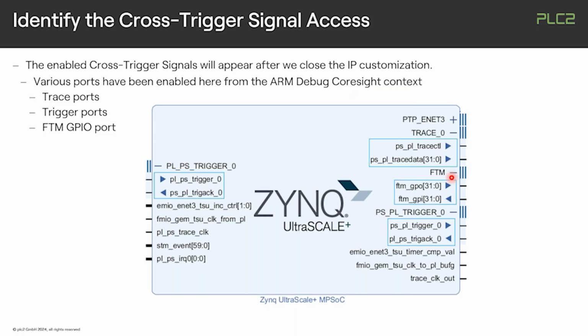So therefore, here a group of FTM will appear. And in this case, there's also, for example, a register available in the CoreSight architecture. Yeah, but essentially for cross-triggering, obviously these ports need to be used.